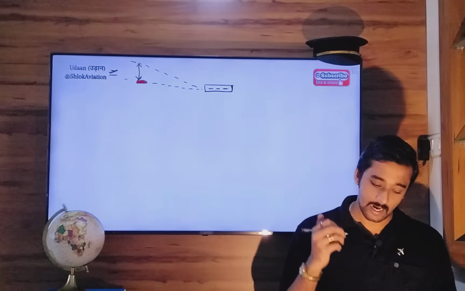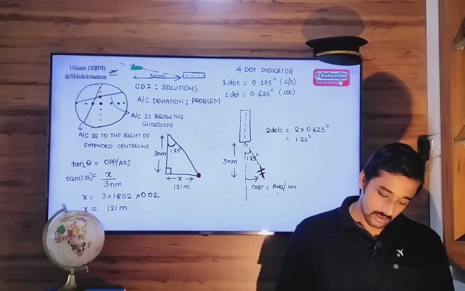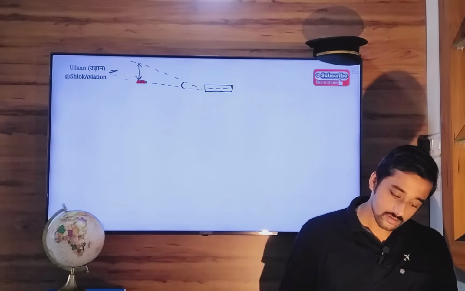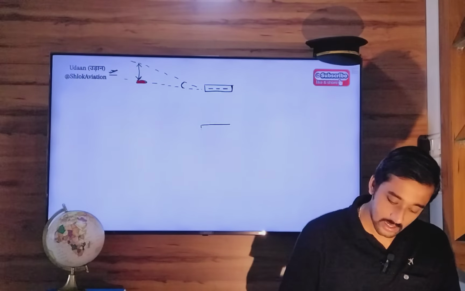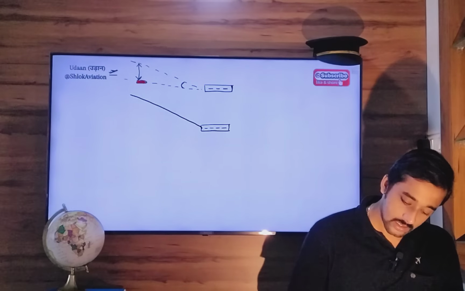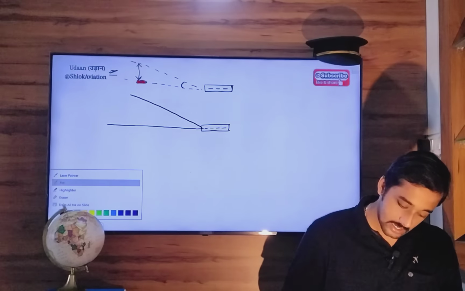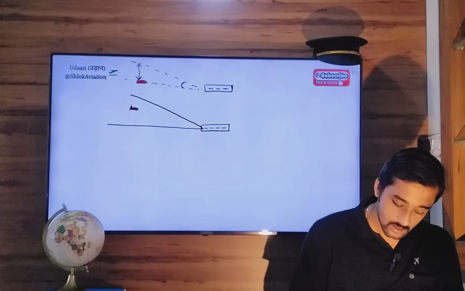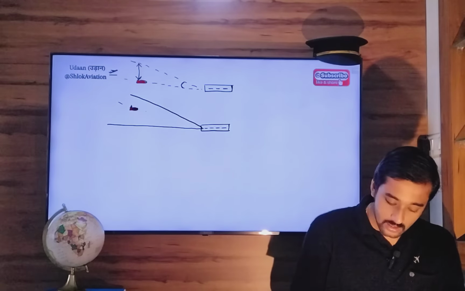It is below that glide path. The angle. Okay, so just a second. So I'll draw a neat diagram. This is 3-degree. This is the ground surface. Aircraft is here. The glide path is this.